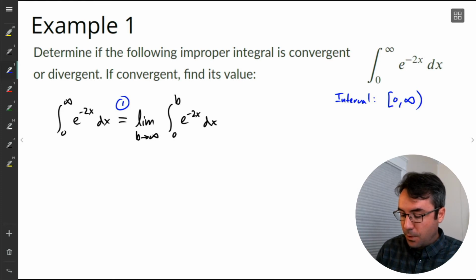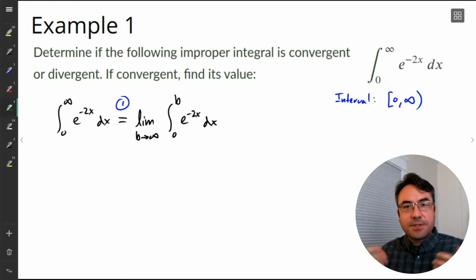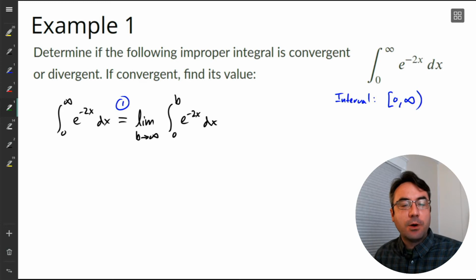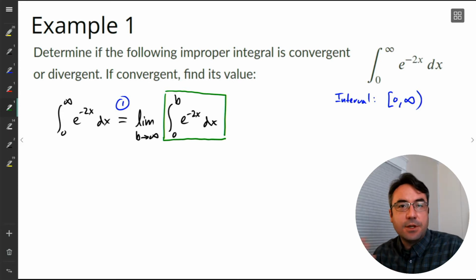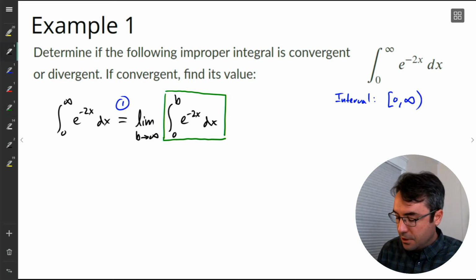All right, so once we do that, then it's going to be going through our usual motions for a bit in terms of doing some integration. So we have this definite integral right here, and we're just going to calculate it, just like we normally would. Forget about the limit in front for a minute.